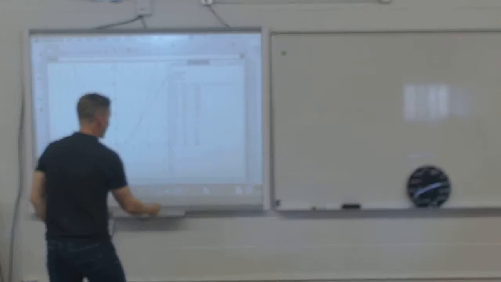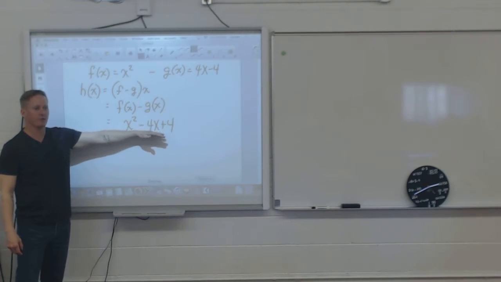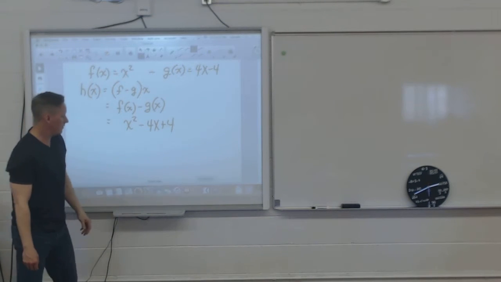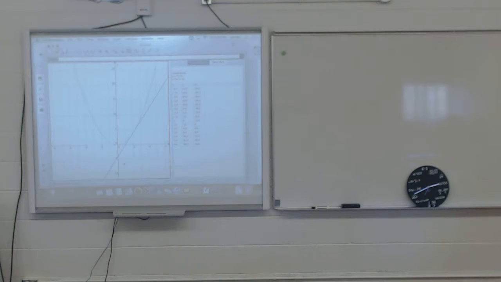But when I did it algebraically, I came up with this as my new graph: x squared minus 4x plus 4. You following so far? So if that's the case, I go into here, I go x squared minus 4x plus 4.